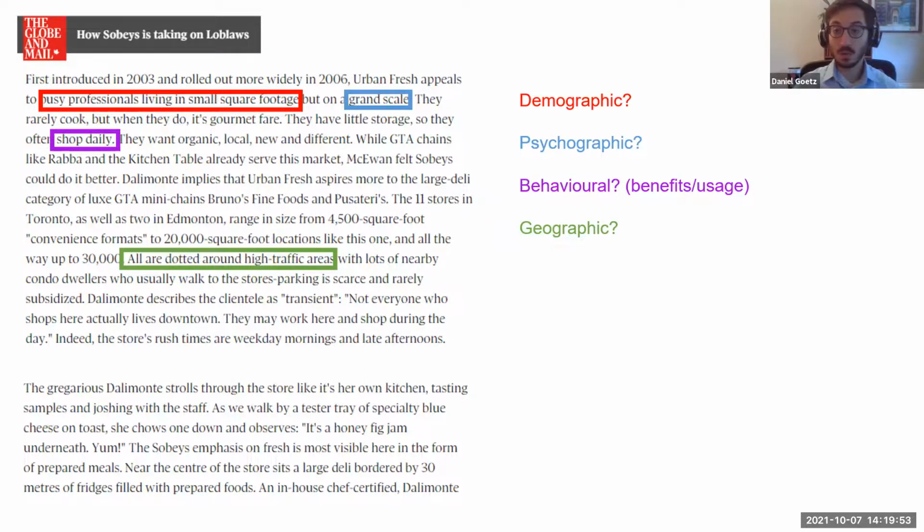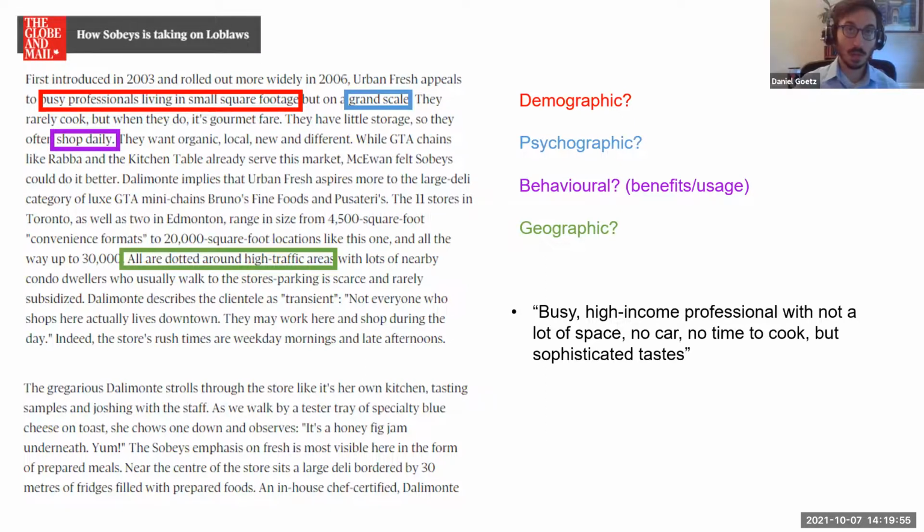Cool. So one lesson that I want you to take from this analysis is that you should be able to describe your ideal customer in a way that tells me about the segments. It doesn't have to be for the proposal due tomorrow, but definitely in the marketing plan. For instance, with Sobeys, we can see that Urban Fresh is specifically for busy, high-income professionals with not a lot of space.